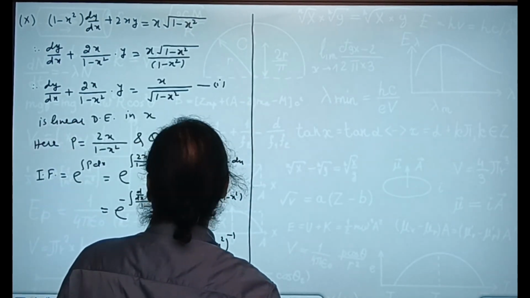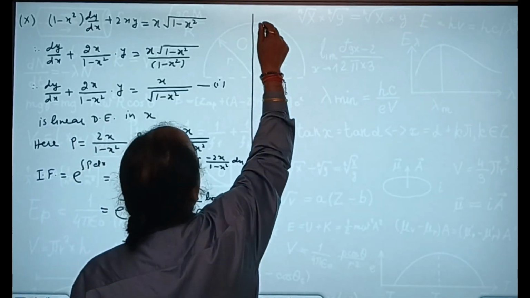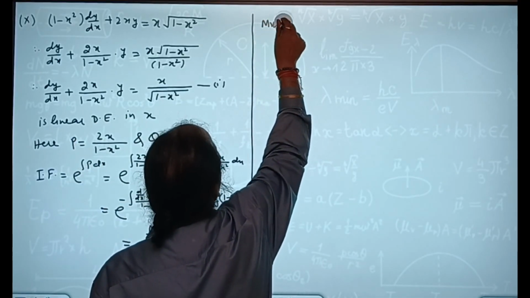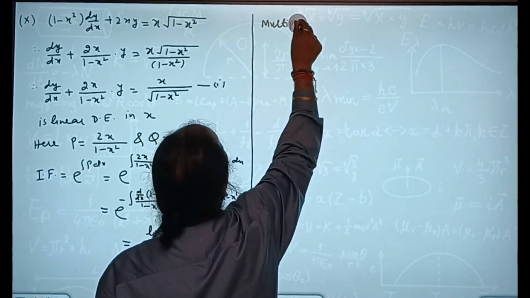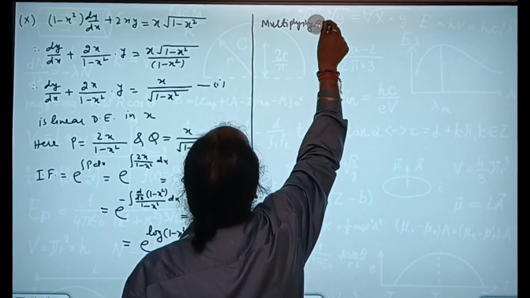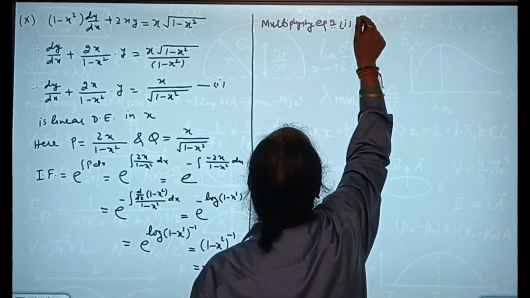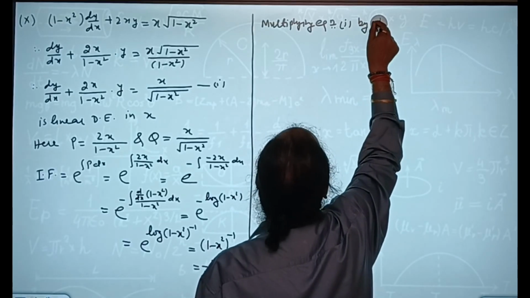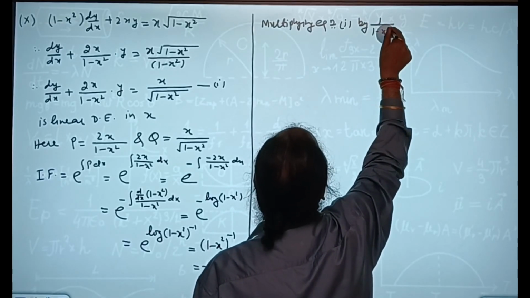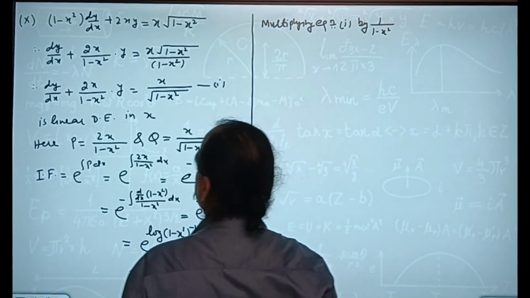Multiplying equation 1 by 1 upon 1 minus x square.